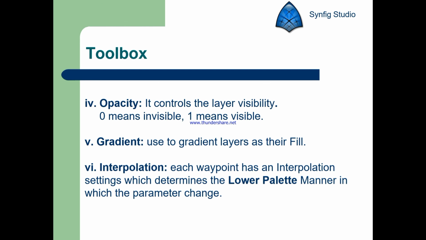Lastly we see the interpolation. Interpolation means each waypoint has an interpolation setting which determines the manner in which the parameter changes. We give different activities at certain points to specify the interpolation for the object.